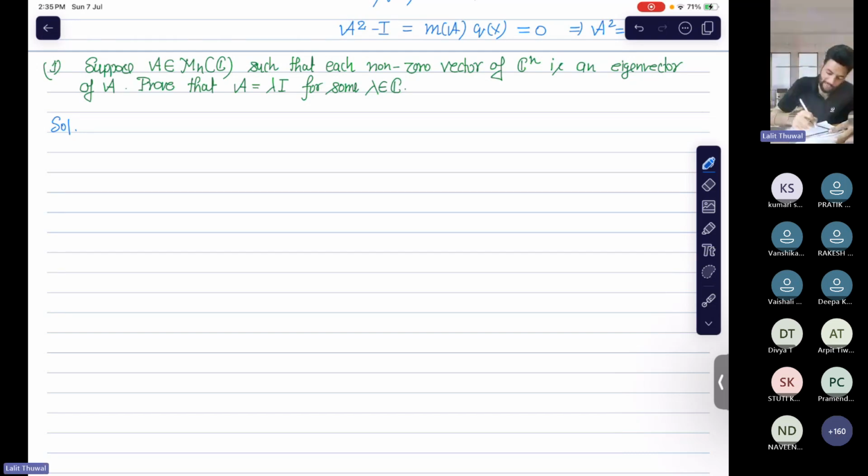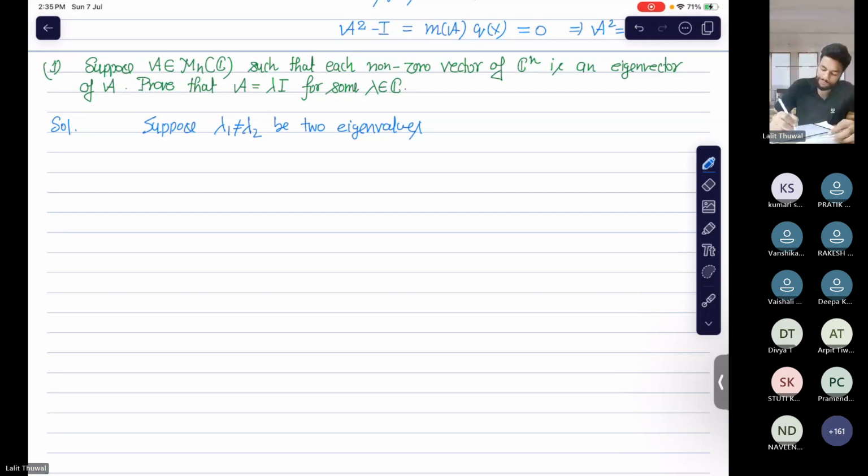Okay, see, my claim is that A has only one eigenvalue, which would be named lambda later. So suppose lambda 1 and lambda 2 are two distinct eigenvalues. Let us assume that it has two distinct eigenvalues.